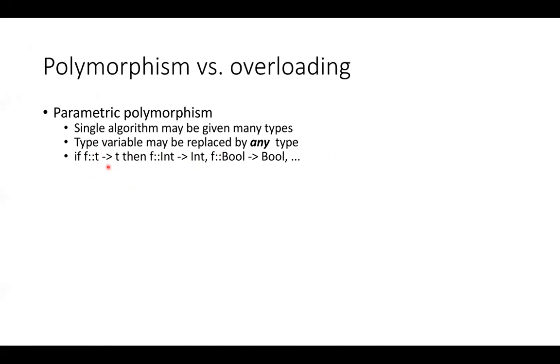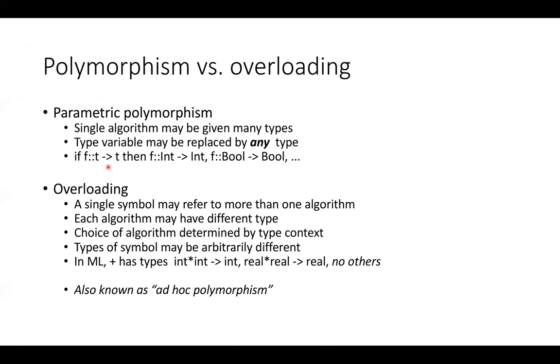So why is this any different than overloading? Overloading is a much less general case. The idea of overloading is that a single symbol or function can refer to more than one algorithm, and like parametric polymorphism, each algorithm could potentially have a different type.